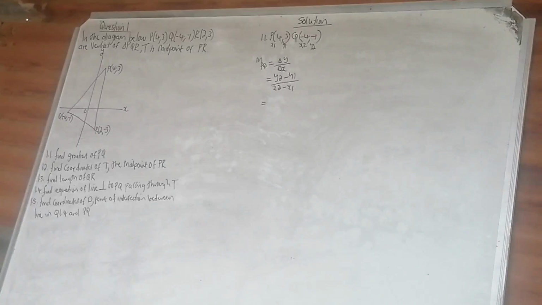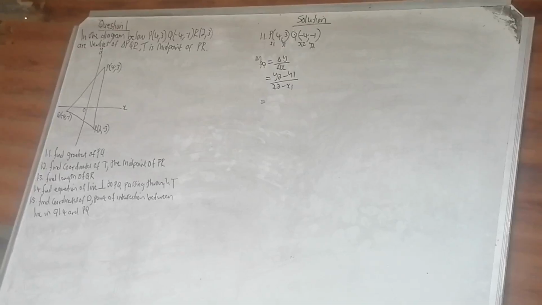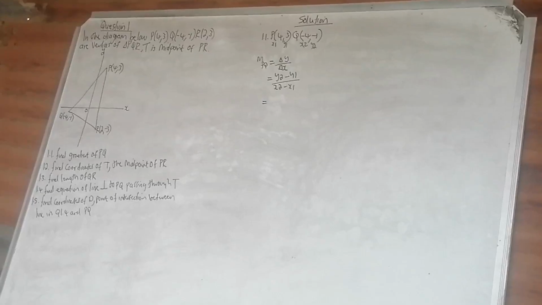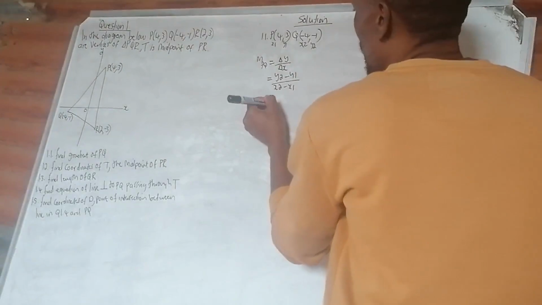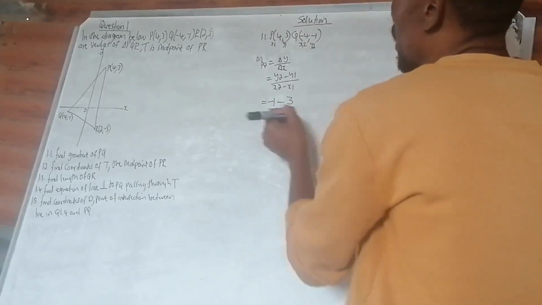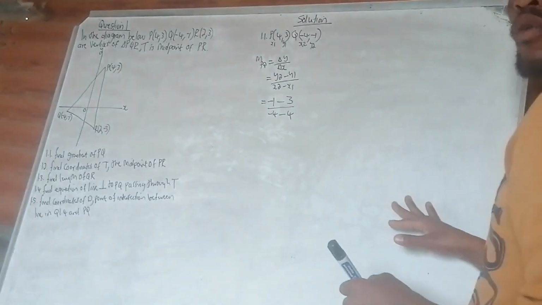PQ. Right. And then we are finding that gradient. Now, how do we find that gradient? Now, y2 is minus 1 minus y1 which is 3, over x2 which is minus 4 minus x1 which is 4.